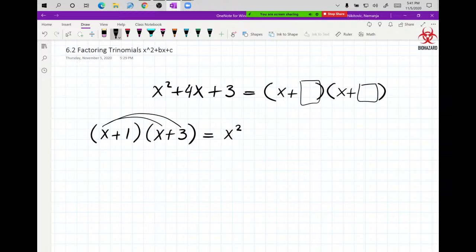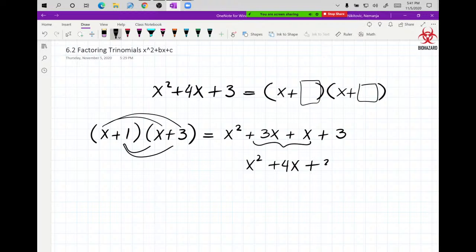And then x times 3 is? 3x. Beautiful. 1 times x? X. And 1 times 3? 3. Now do we see that we have to add the middle terms here? So it works out to be x squared plus 4x plus 3. That means that these numbers here are 1 and 3.